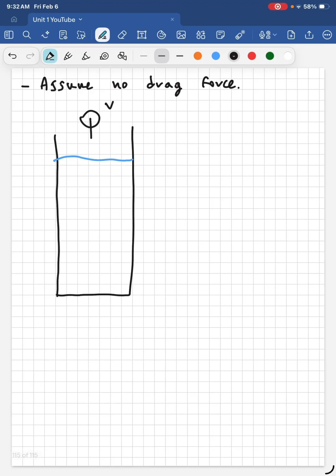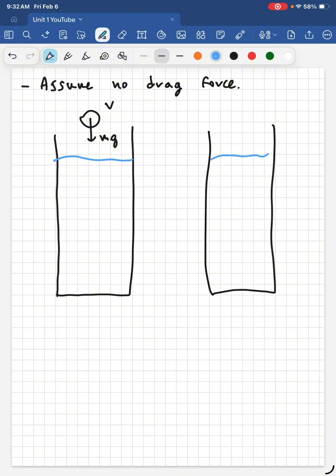When it's outside the liquid, the only force is its weight, right? But once we throw it into the liquid, okay, let's say in this position, it will still be experiencing its weight, but it will also experience an upthrust, which, as we said, is going to be equal to the rho of the fluid, in this case the water, times g times the volume of this object, okay?